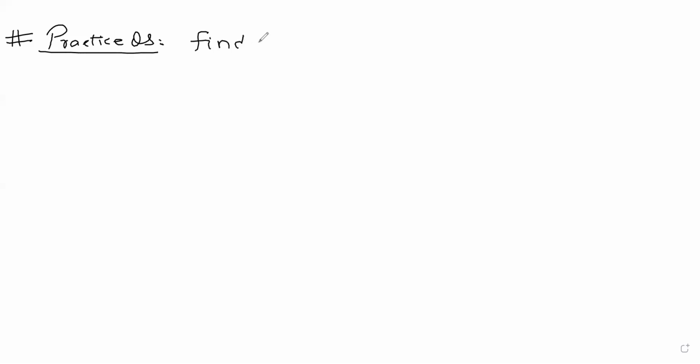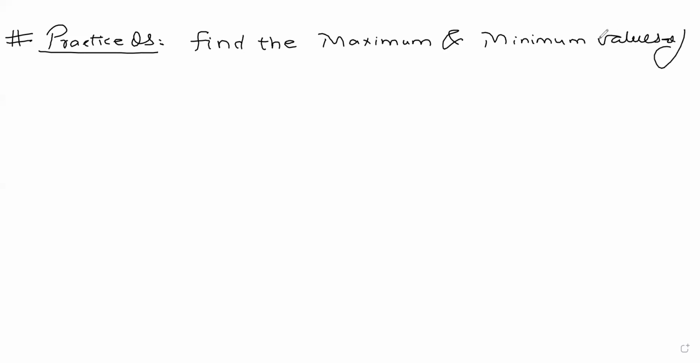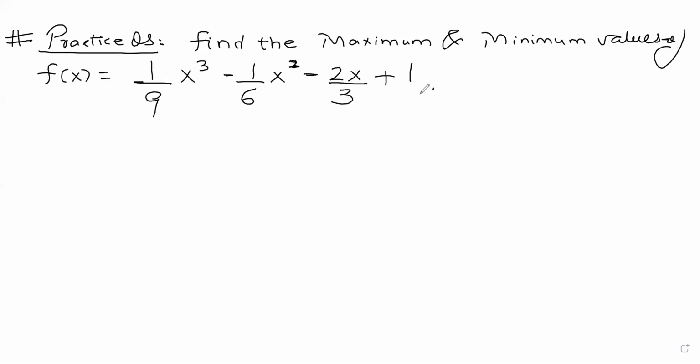Find the maximum and the minimum values of the function f of x equal to 1 upon 9 x cube minus 1 upon 6 x square minus 2x by 3 plus 1, where x belongs to the closed interval minus 3.